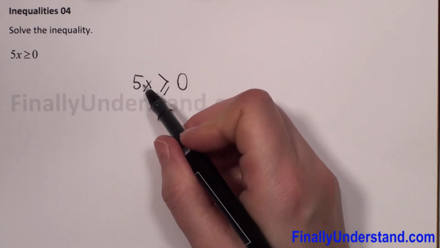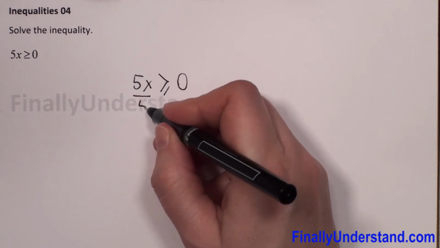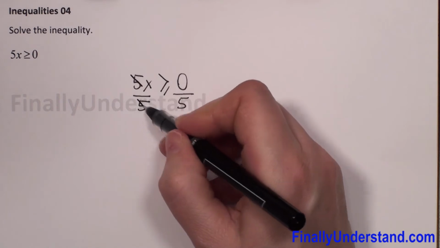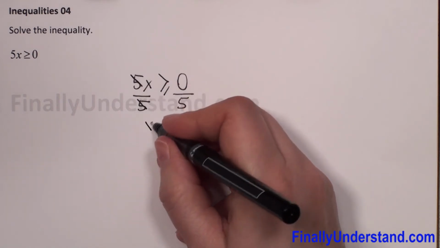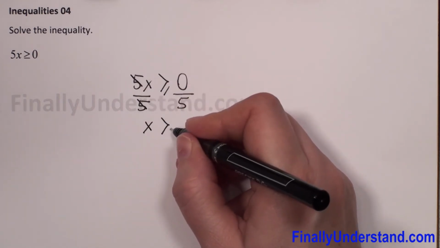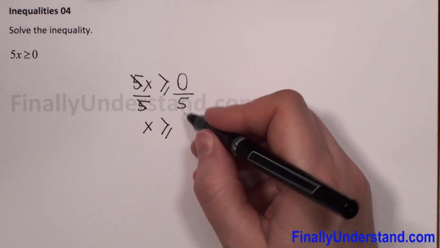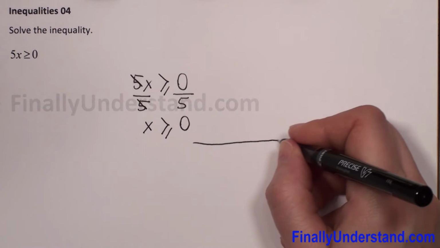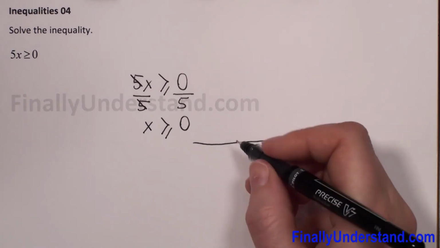Because I have multiplication here, I divide both sides by 5. So 5 divided by 5 will cancel, and I have x is greater than or equal to 0 divided by 5, which is 0. So I can draw the number line x.